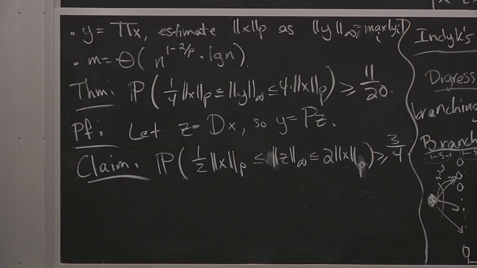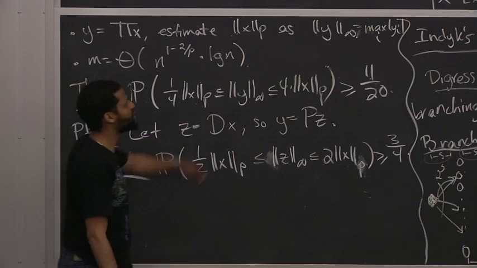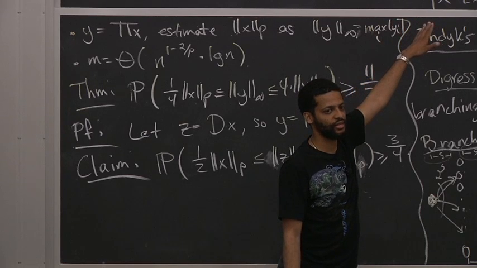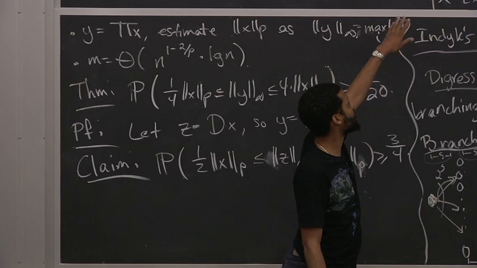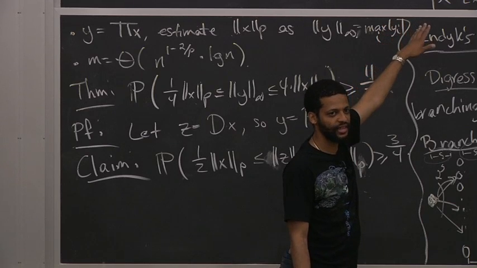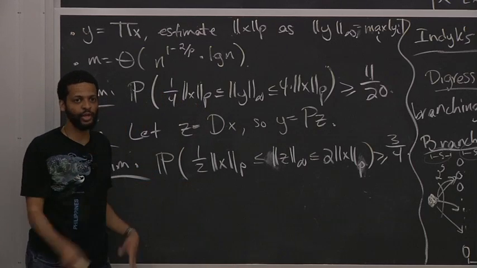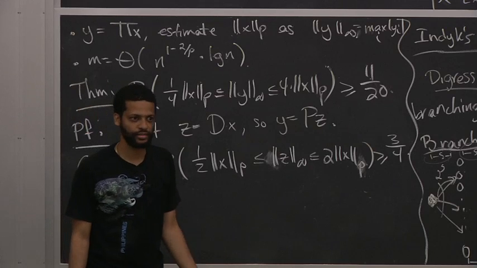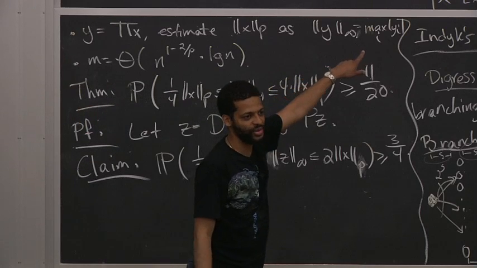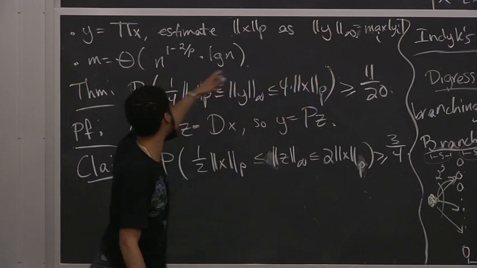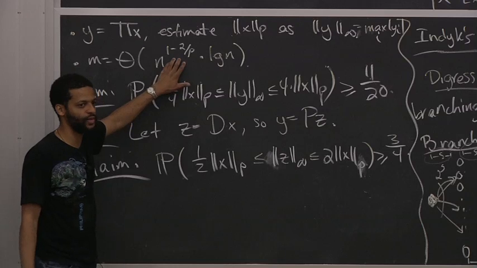So the first thing I want to say is, if you had just applied D to the input matrix, right, and then just looked at the max entry of Dx, that would already give you a good estimate of the Lp norm. But you can't use that as your sketch because D has n rows. And I don't want to use n space. I want to use space which is like n to the 1 minus 2 over p.